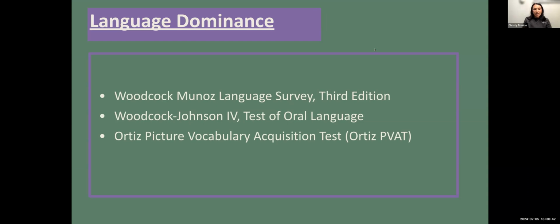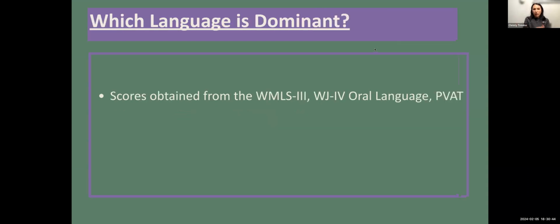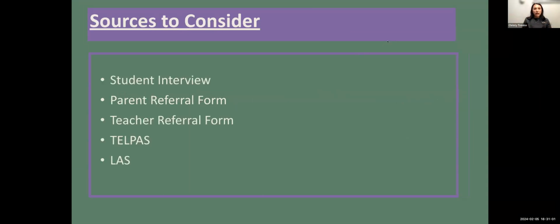On the next slide is what I was just going over. Which language is the student dominant in? That's the scores that we obtain from the Woodcock-Muñoz, the one that I use. On the next slide is other information to consider. We do a student interview before I even start testing.